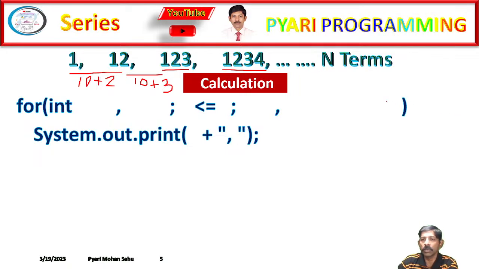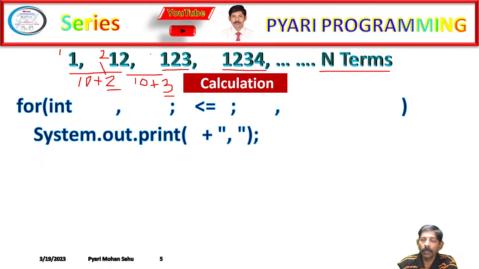Now it is talking about n terms. Now look at this: into 10 plus 2, then 3, then 4. I need an extra variable for this. But can I use the counter now? Initially the counter is 1. Next time it is 2. When it is 2, I need to add 2.